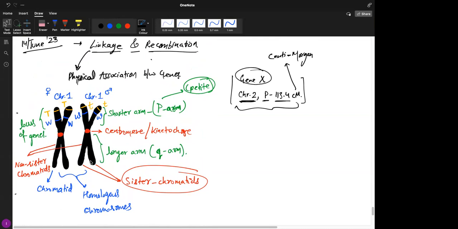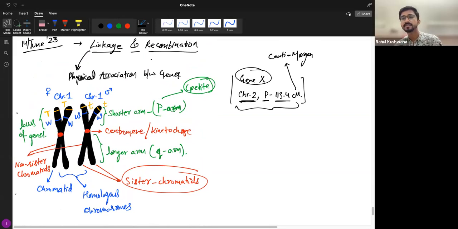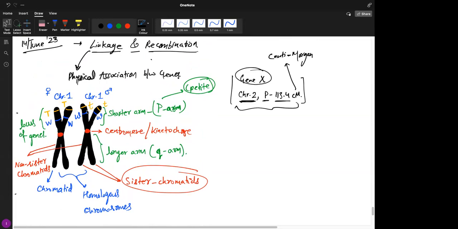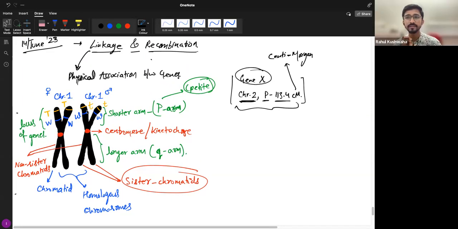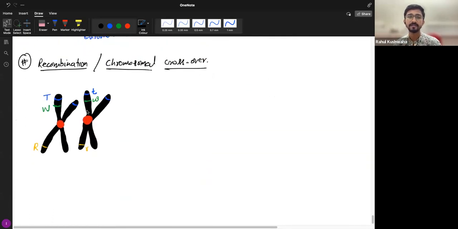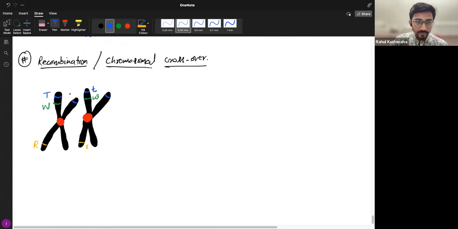On both, capital T and capital W. Yes, on both sister chromatids the same alleles are present. Makes sense? Yes. As long as they are attached together with the centromere, on both sister chromatids you will find the same alleles. So here also they will be the same.